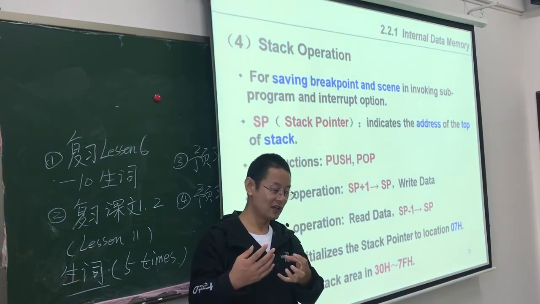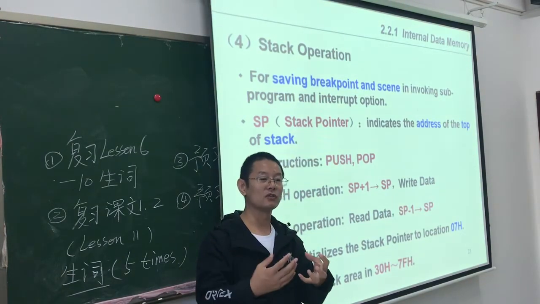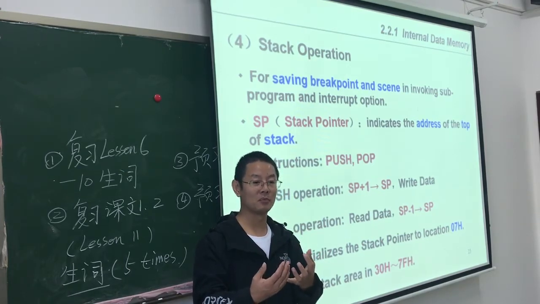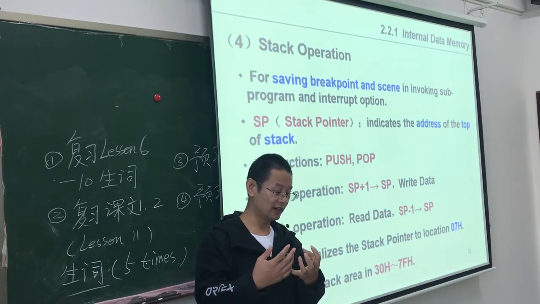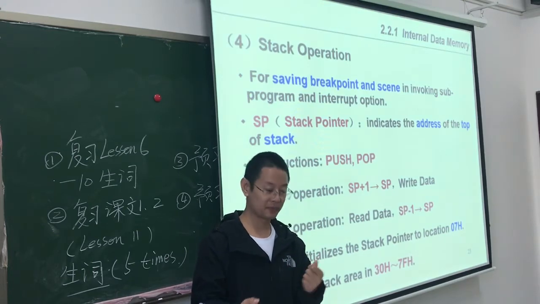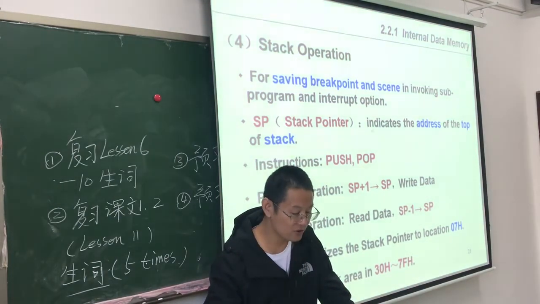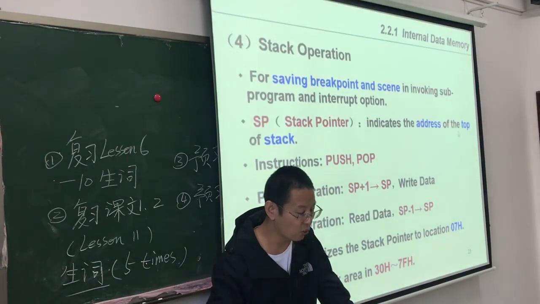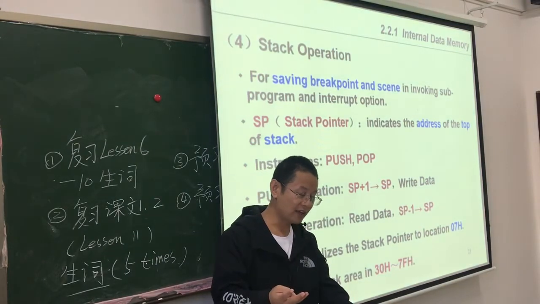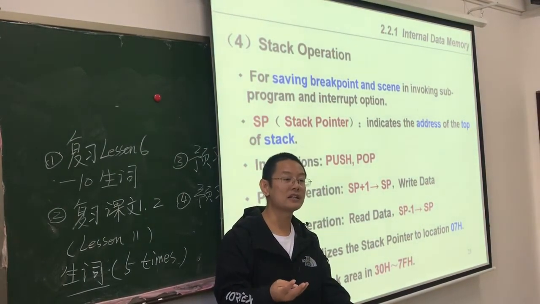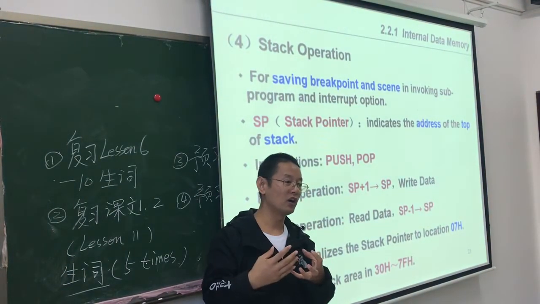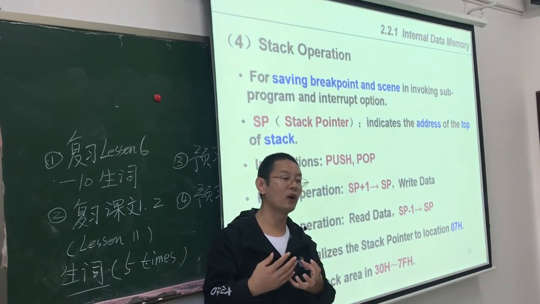So you need to save the current state of your main program in the stack. The stack pointer indicates the address of the top of the stack. The stack is a part of the memory, where you can save the state of your main program.